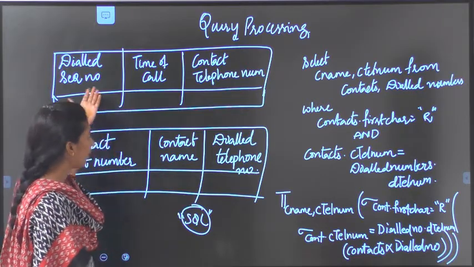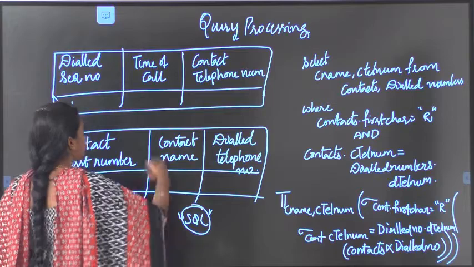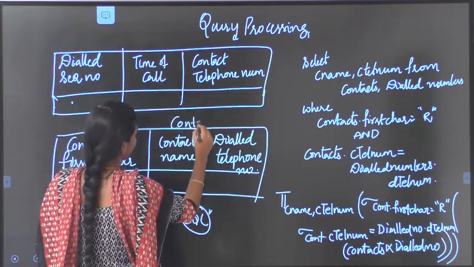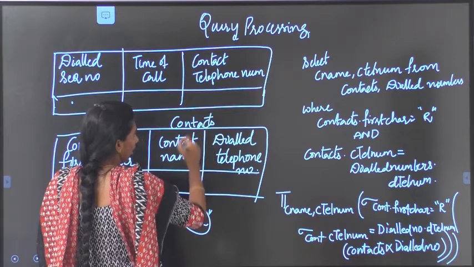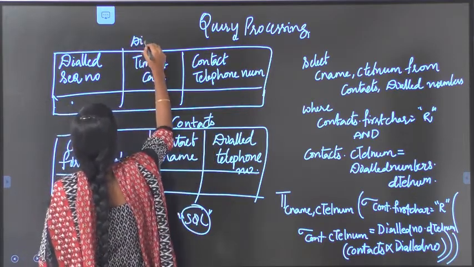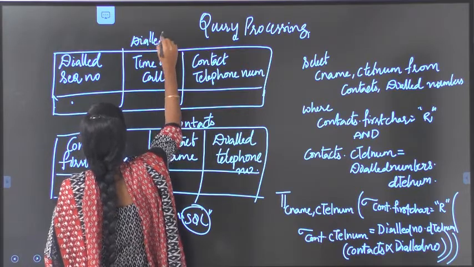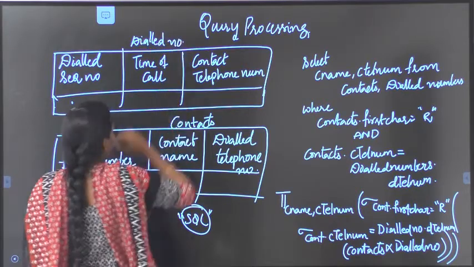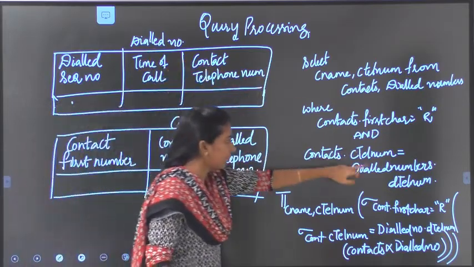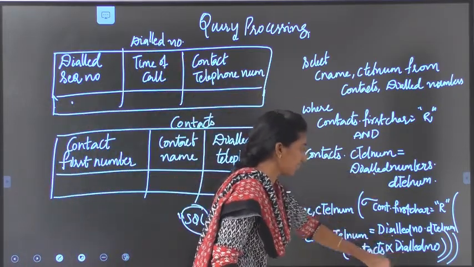So here we have a table called contacts, and this is a table called dial numbers. Okay, this dial number and this dial number, all these are the same.